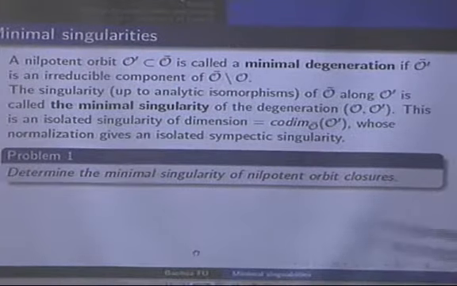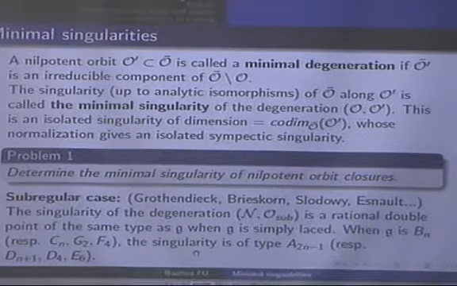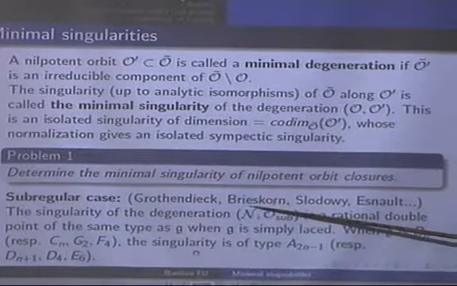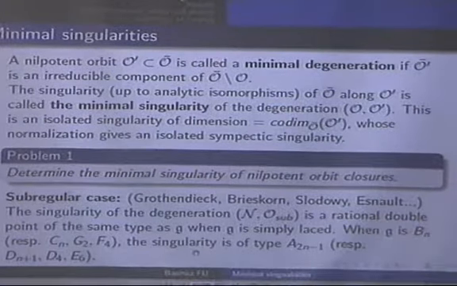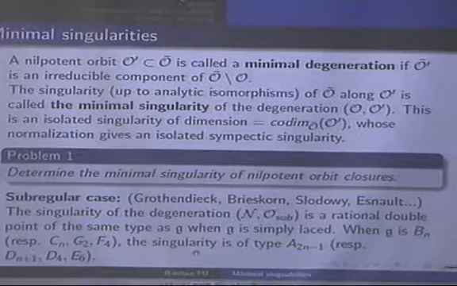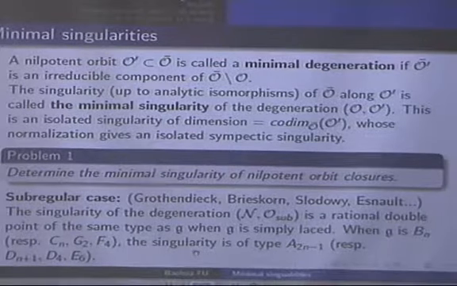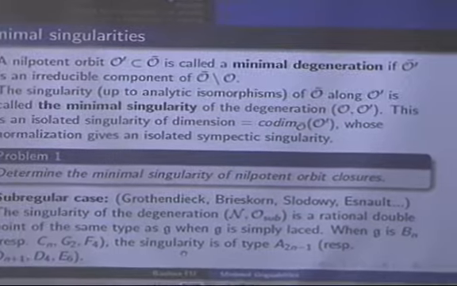For this problem, in fact, this has been studied much before. The first case is the subregular case. This is due to Grothendieck, Brieskorn, Slodowy, and others. In fact, what they have studied is the nilpotent cone, which is the union of all nilpotent elements in g.